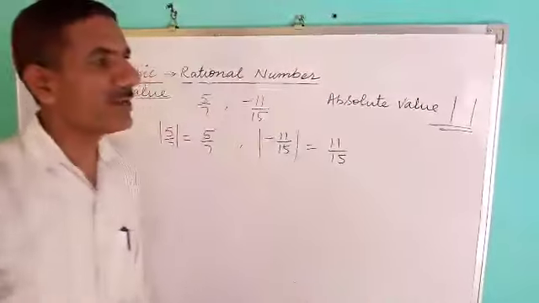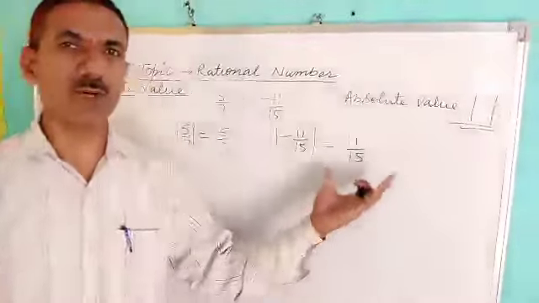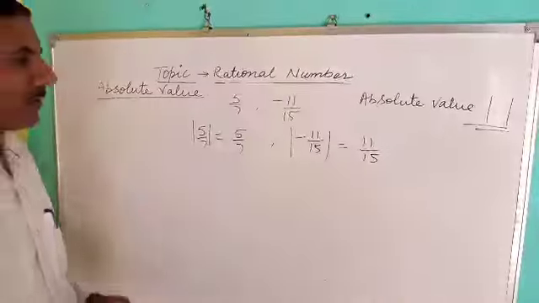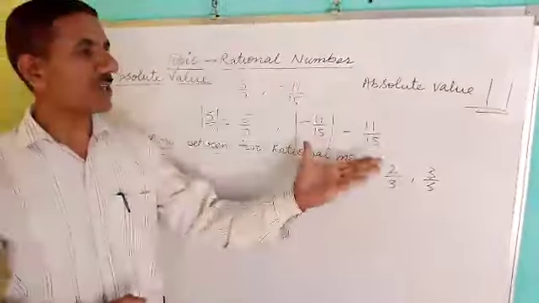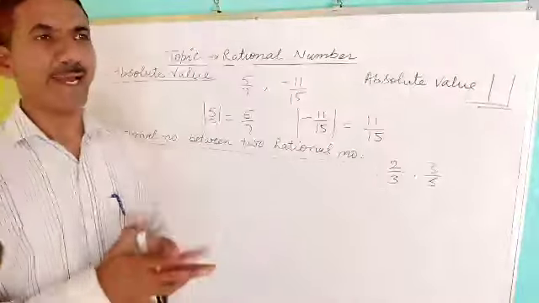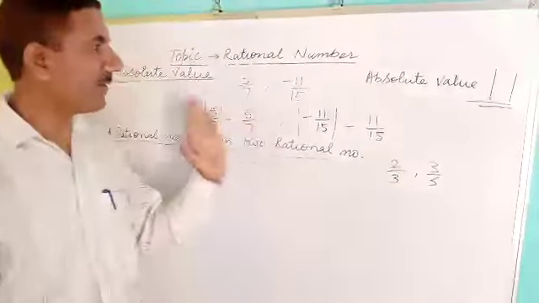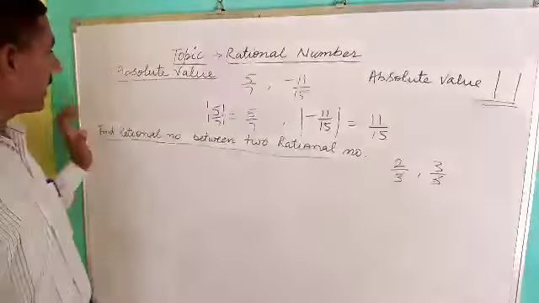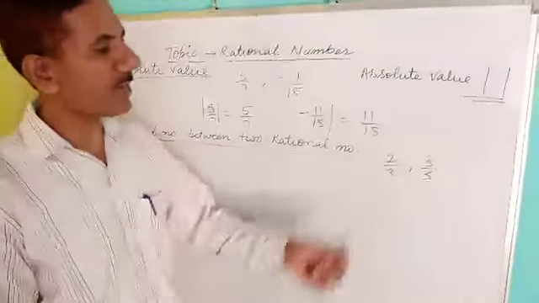After this, when we solve this bracket, both the positive and negative values will be positive. So absolute value is the positive number of any rational number, whether it is negative or positive. Always it will be positive. Now the next topic, find rational numbers between two rational numbers.